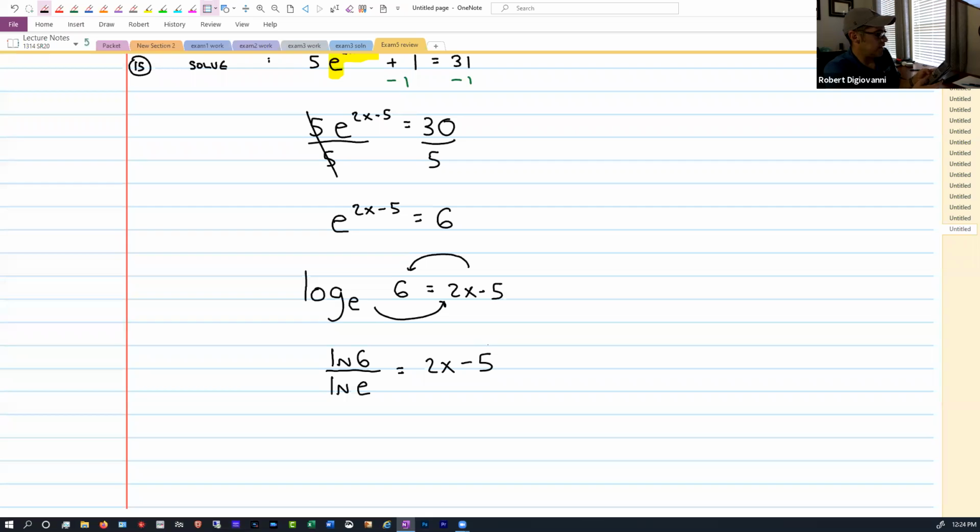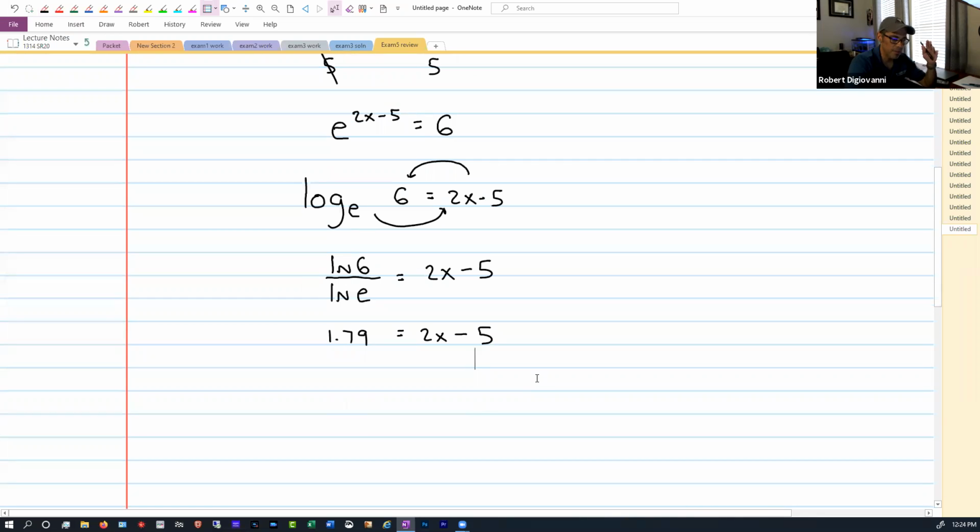I'm curious to see how many of you are going to be able to get natural log of e typed in properly on your calculator. So let me tell you what the answer is, and then you make sure you can get this answer. 1.79. The left-hand side of that should be 1.79. If you're not getting it, then we can talk about why and how to type it in properly. But let me finish off the problem first.